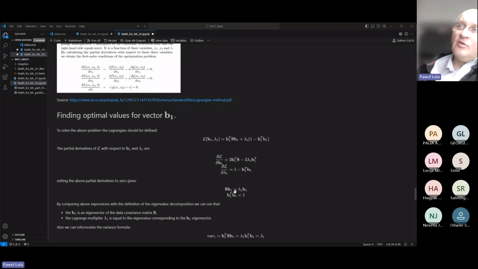So we should put the eigenvector here as B1, and the eigenvalue corresponding to this eigenvector here as lambda1. So this equation has a solution which is equal to the eigenvector and the eigenvalue corresponding to this eigenvector.